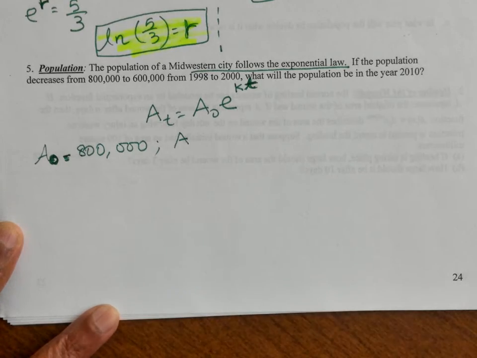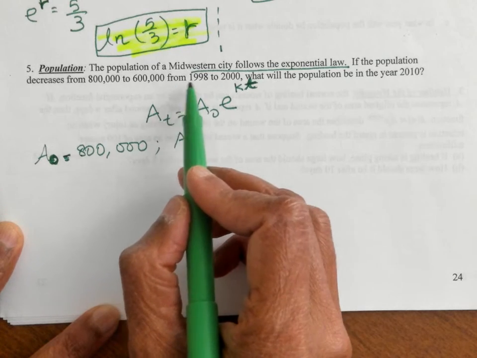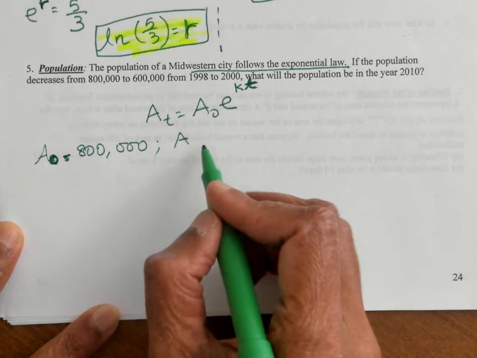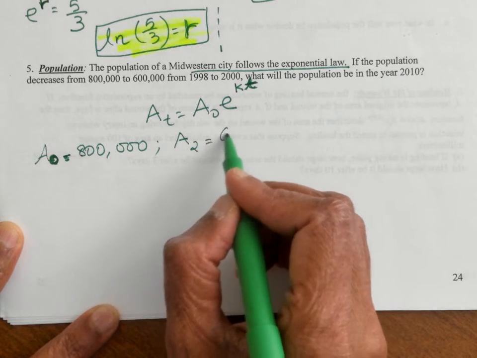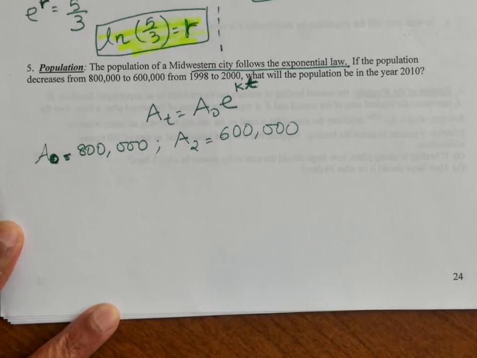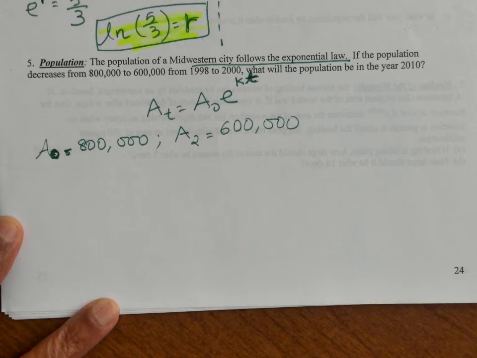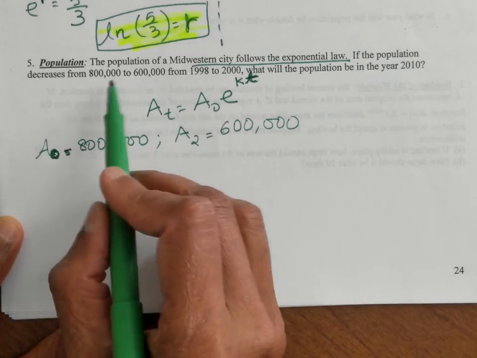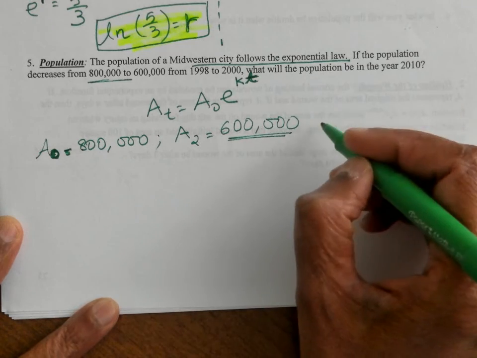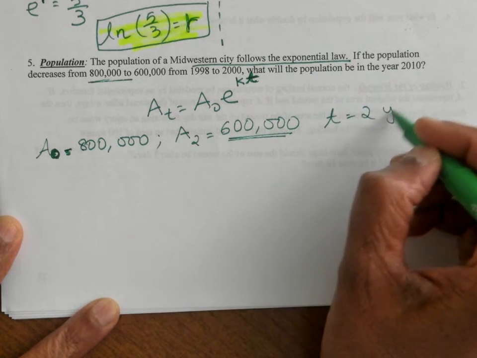AT from 1998 to 2000. So what am I looking at? I'm looking at 2 years. After 2 years, my population is 600,000. Is everybody clear so far? Initial amount is 800,000. After 2 years, it's 600,000, and time equals 2 years.